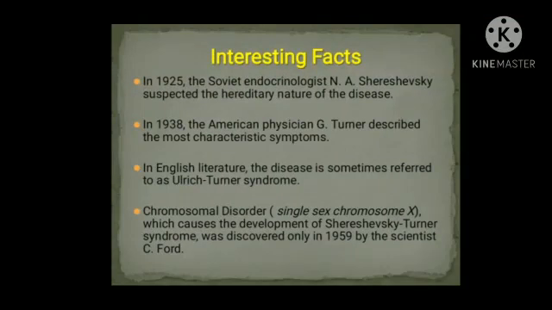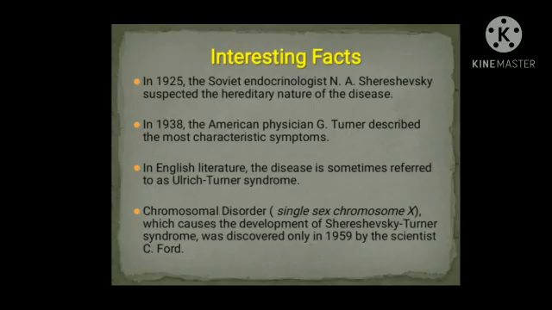Facts. The syndrome was named after the scientist who made the greatest contribution to the study of this pathology. In 1925, the Soviet endocrinologist Shereshevsky suspected the hereditary nature of the disease. Later, in 1938, the American physician Turner described the most characteristic symptoms.